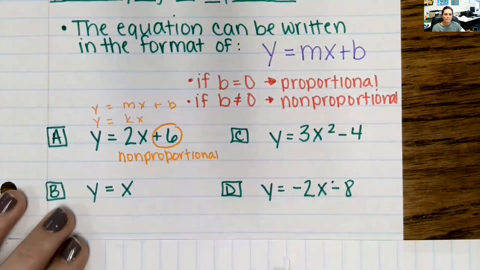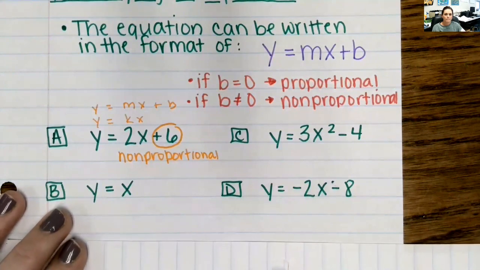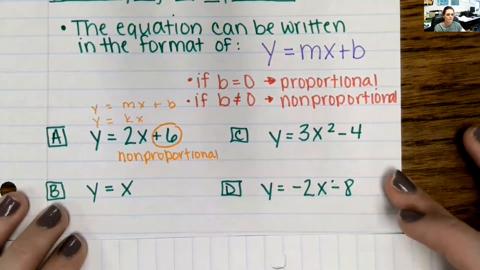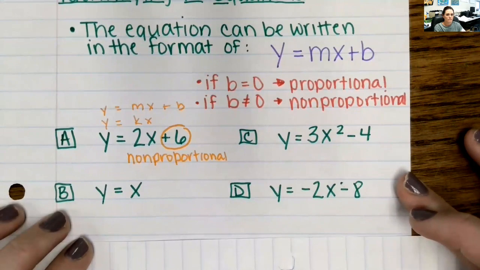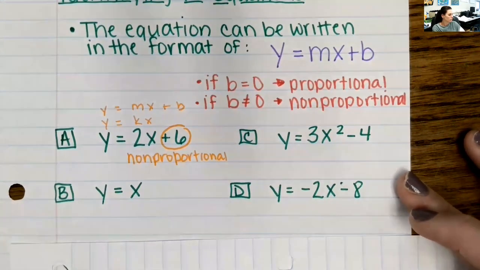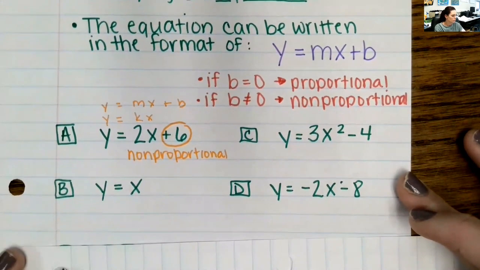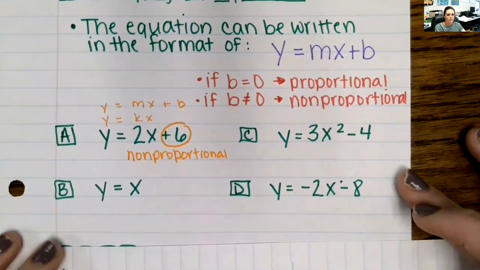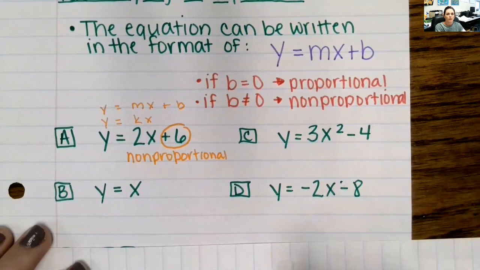So this means that this equation, if you were to graph it, it would start at 6. So that 6 would be like that fee, that service charge to come out to your house. Maybe if you were bowling, the cost to rent the shoes, whatever that extra one-time fee would be, that's the 6.